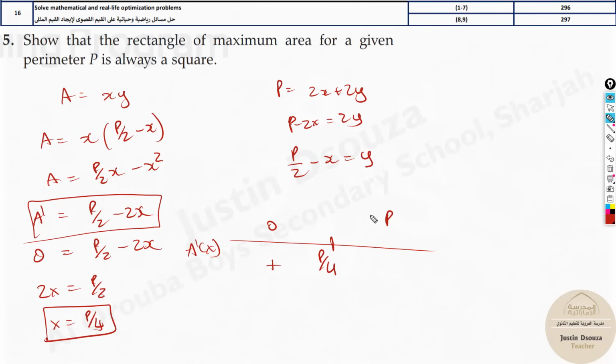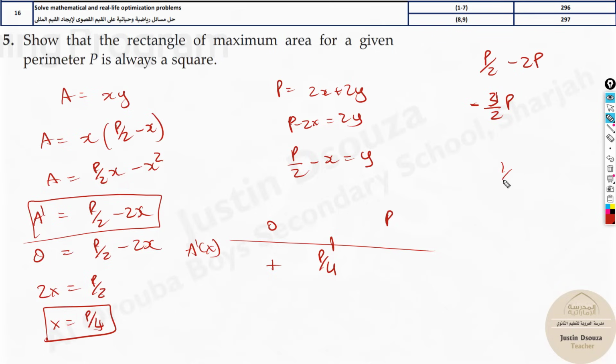Okay. And then what if this is P? So let me solve this. P by 2 minus 2 times P. It will be P half minus 2. What is half minus 2? It's 3 by 2, it's 1.5, right? Sorry, negative, I forgot. Minus 2 plus half is negative 1.5, isn't it?